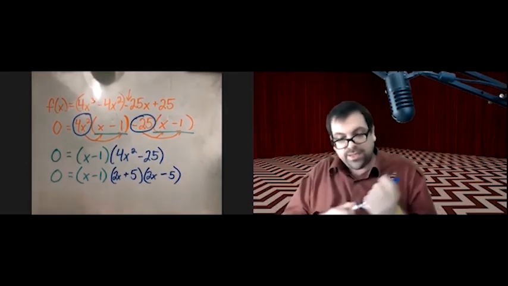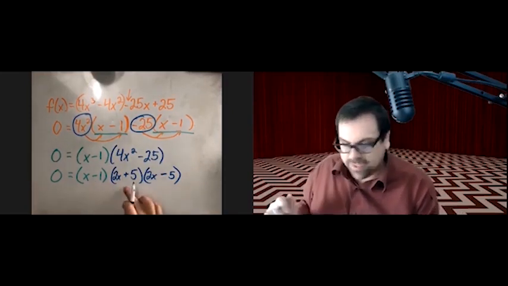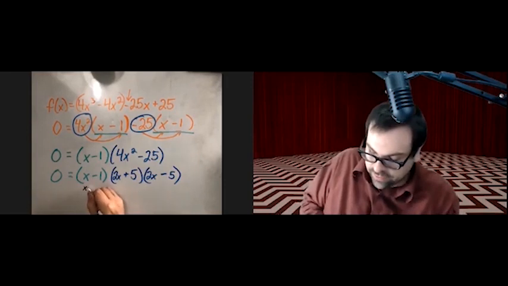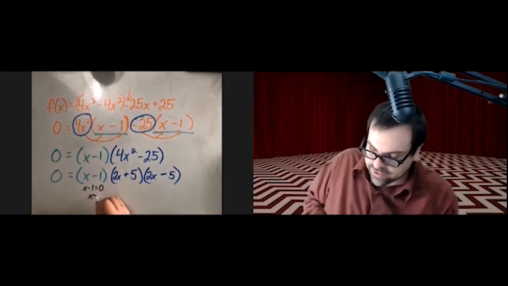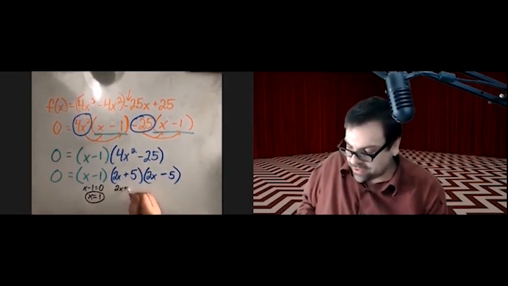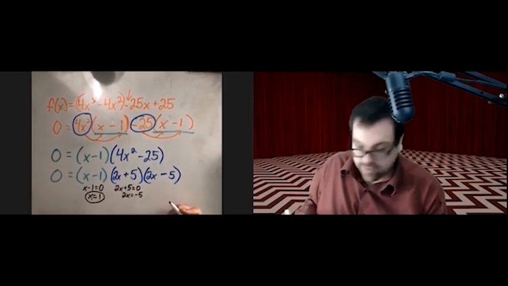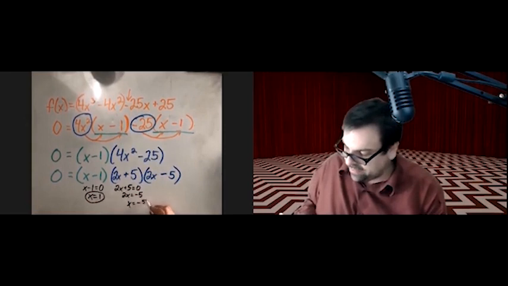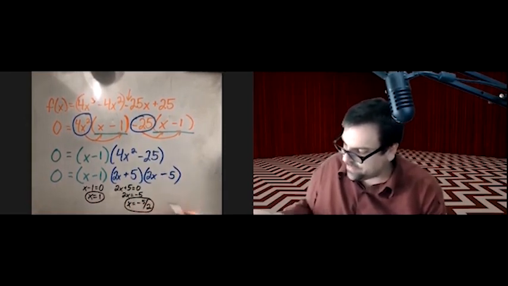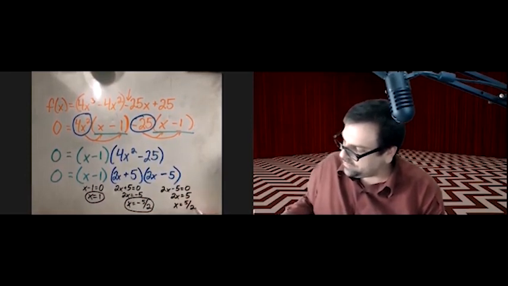Now we can use the zero factor property, the zero product property, set each of these equal to 0 and solve. x minus 1 equals 0 means x equals 1. 2x plus 5 equals 0 means 2x equals negative 5, means x equals negative 5 halves. 2x minus 5 equals 0 means 2x equals positive 5, means x equals positive 5 halves.